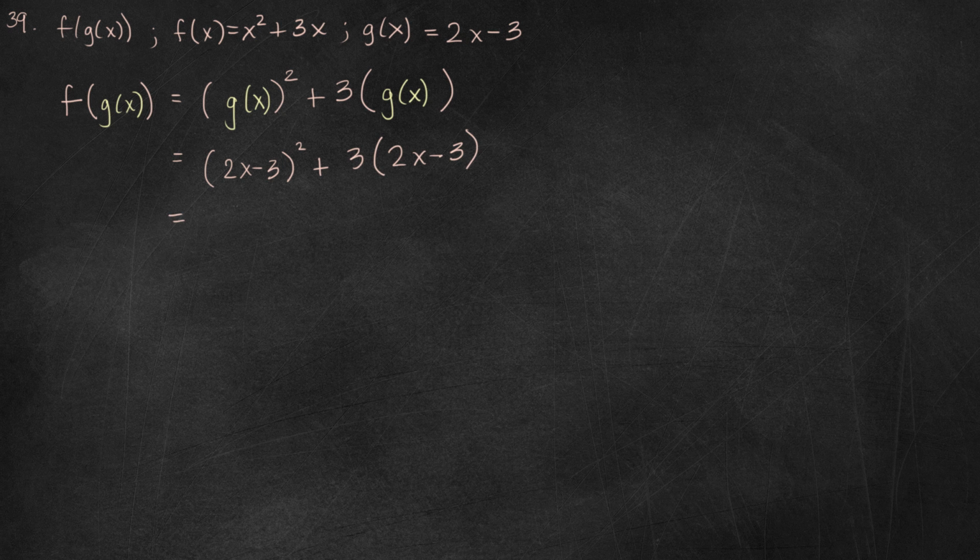Now we'll expand. Here we get 4x squared minus 12x plus 9, and we'll distribute the 3. So plus 6x minus 9. We can combine some like terms here: 4x squared minus 6x.